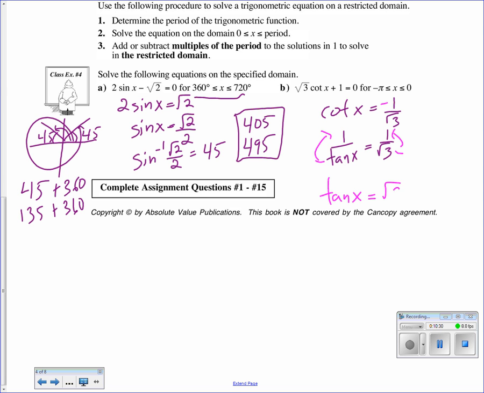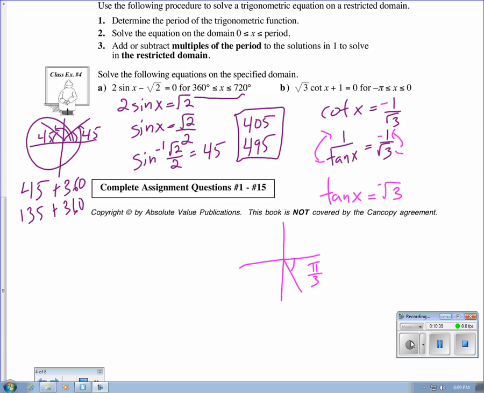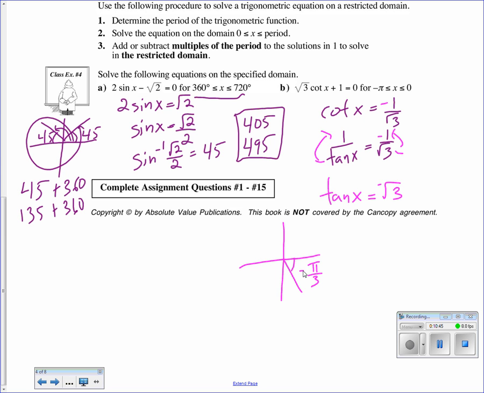What special trig ratio is that? Remember, I've got a negative come around. So this is pi over 3, or negative pi over 3, I guess, as a rotation angle. I'm only supposed to have angles that go from negative pi to 0. So where's negative pi and where's 0?